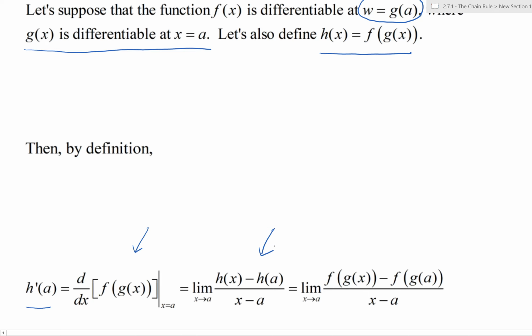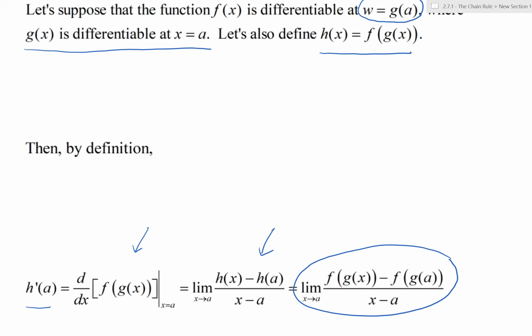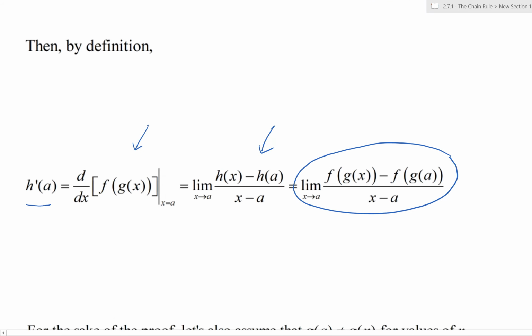That's the definition of the derivative of h at a. But of course, h is this composite function. So the derivative is really equivalent to this statement right here that I just circled: the limit as x goes to a of f of g of x minus f of g of a divided by x minus a. That's what it is by definition.